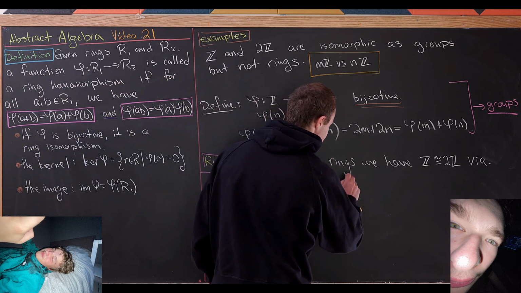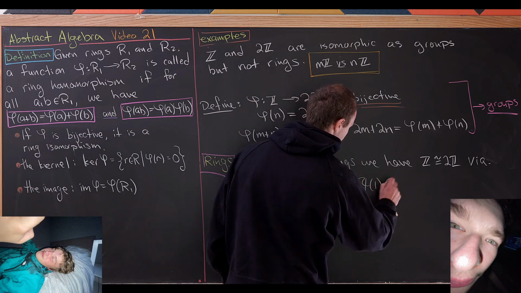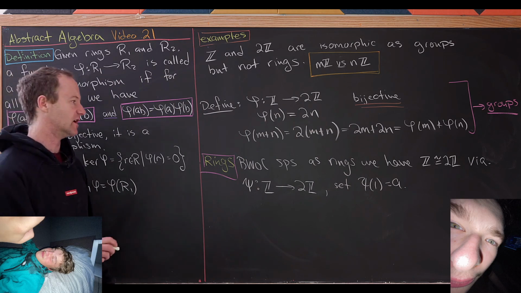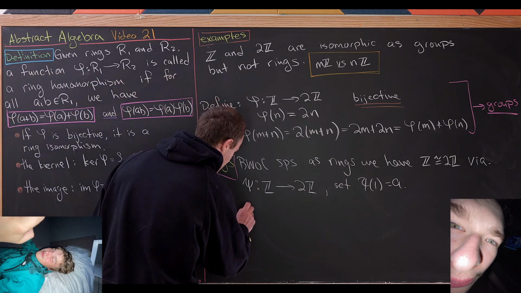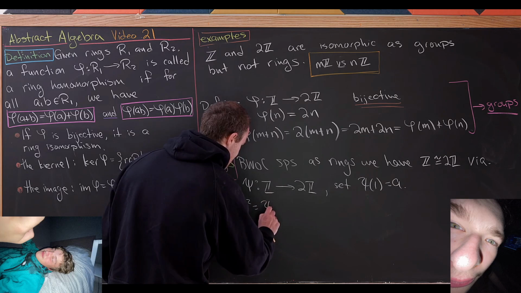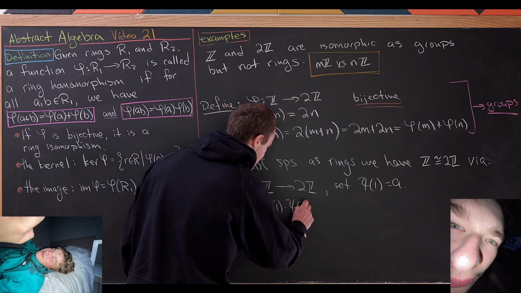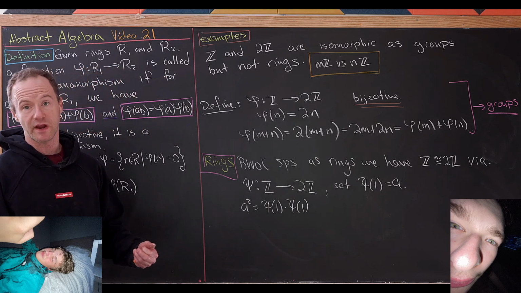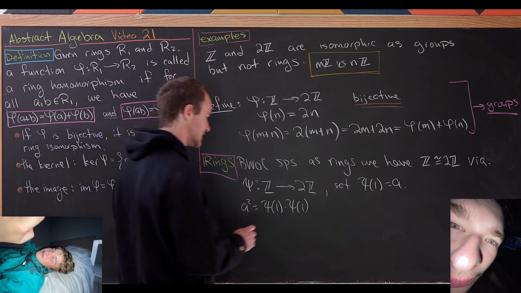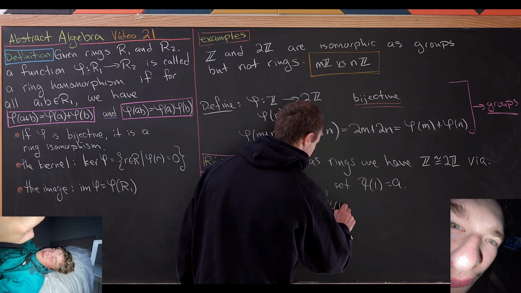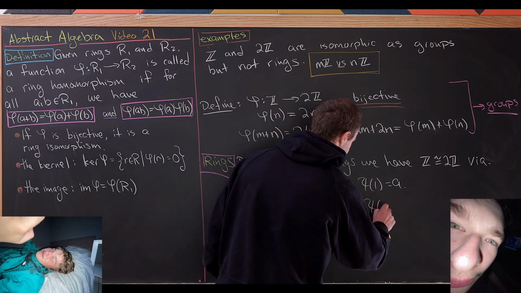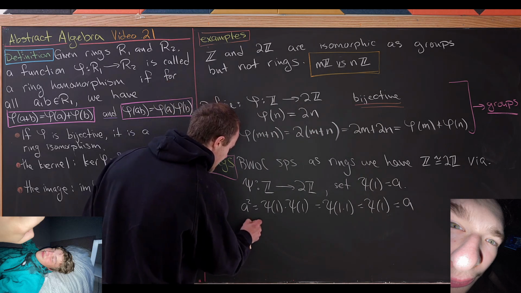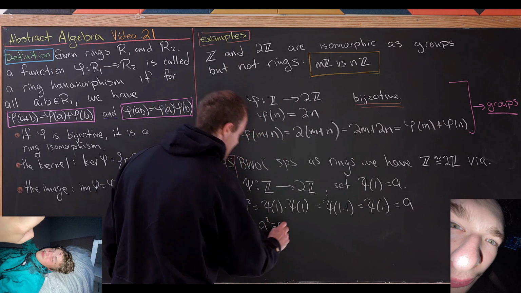Let's set psi of 1 equal to a, and then determine the possible values of a. First off, let's notice that a squared is the same thing as psi of 1 times psi of 1. But since we're in a ring homomorphism, we can smash those together, and we'll get psi of 1 times 1, which is psi of 1, which is a. So that gives us the equation a squared equals a.